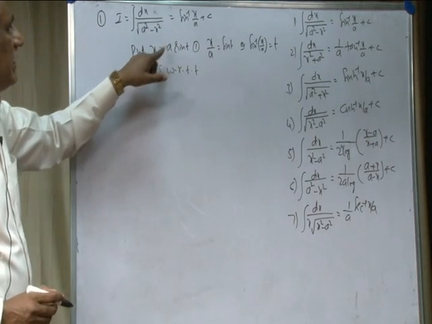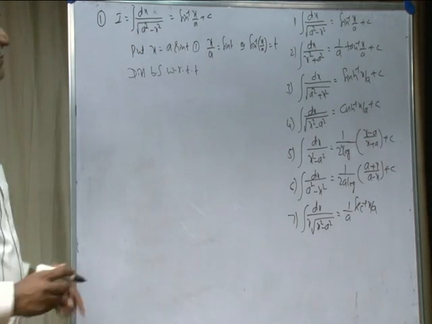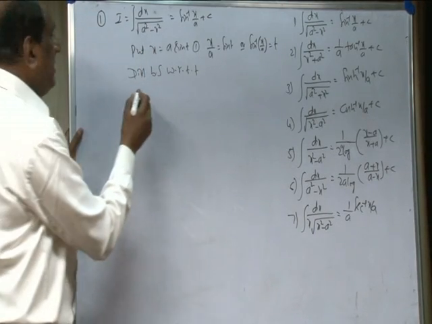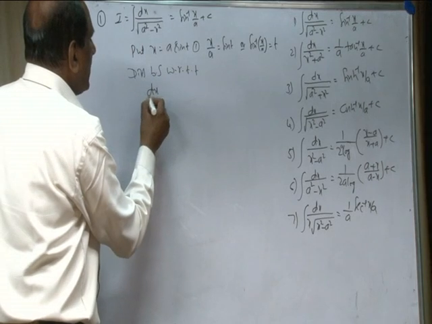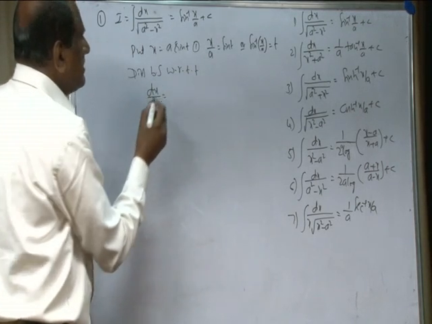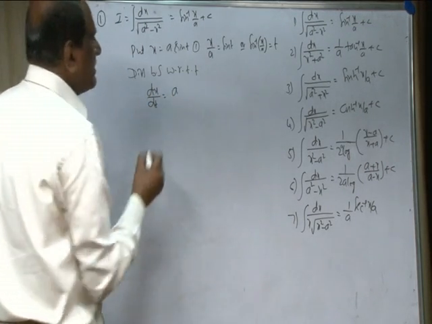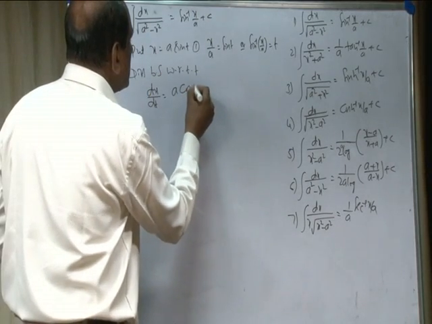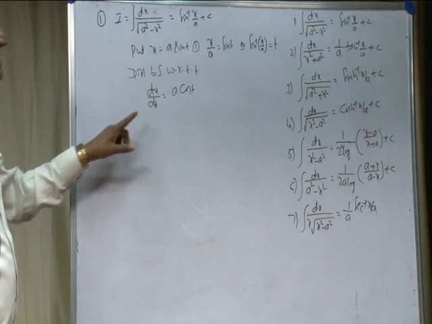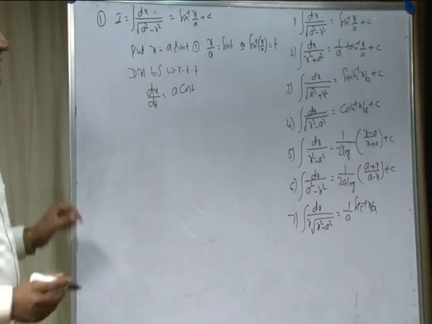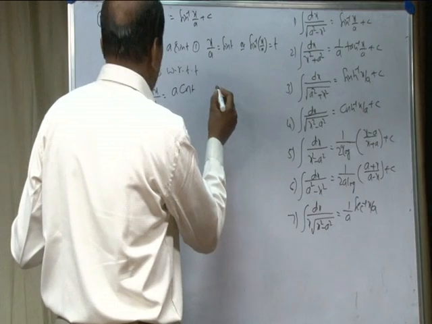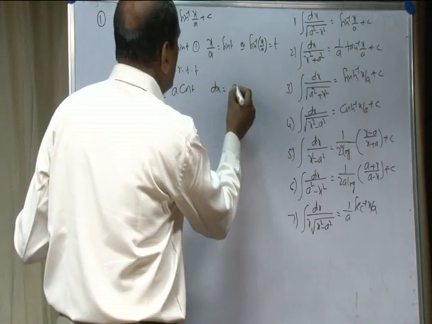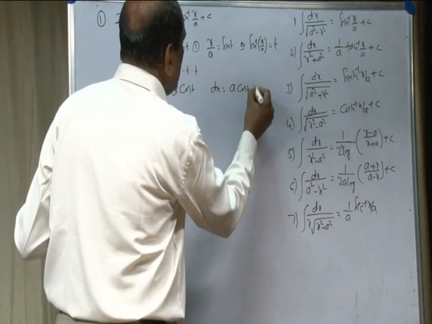What is the derivative of x with respect to t? dx by dt is equal to a, a is a constant, and the differentiation of sin t is cos t. So dx by dt is equal to a cos t, or by cross multiplication, dx is equal to a cos t dt.